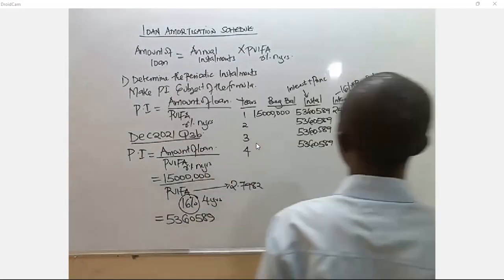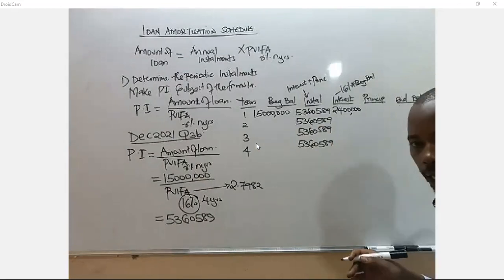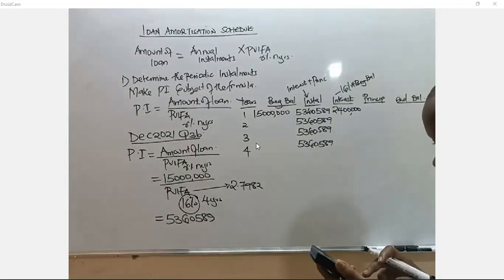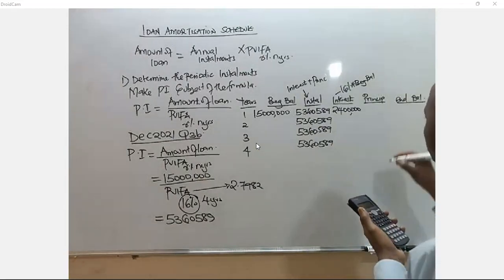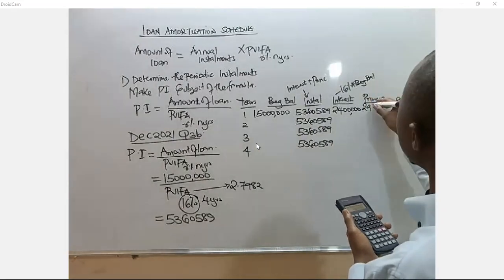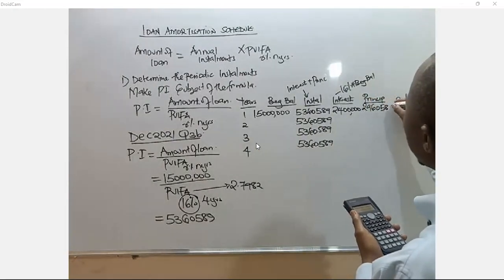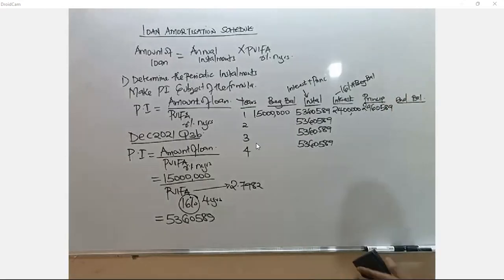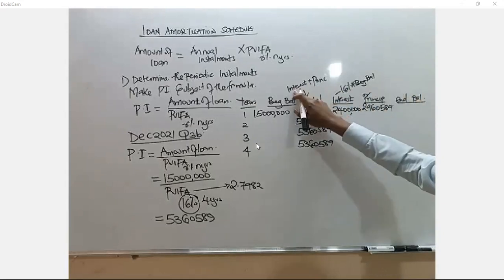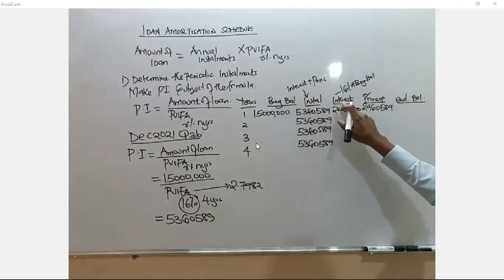So to separate them, I just need to take 5,360,589 minus my answer. So let me take my calculator. We are getting around 2,960,589. Correct. So the principal is the installment minus interest.